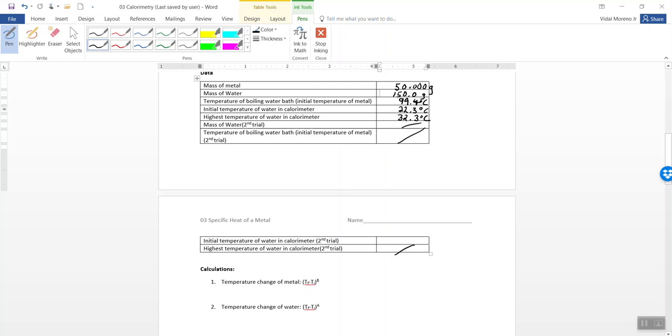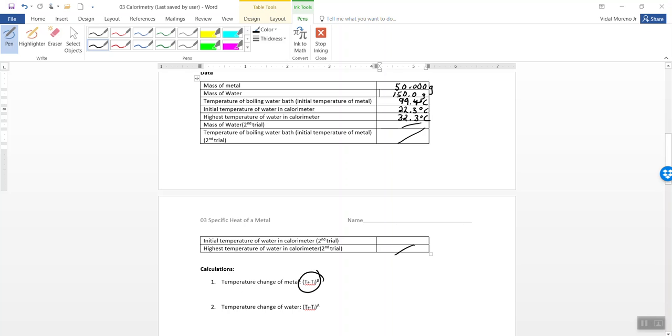All right, so how do we find the temperature change for the metal? Look at the data that I gave you. What is it? Raise your hand. Yes. Good. It says it right there.